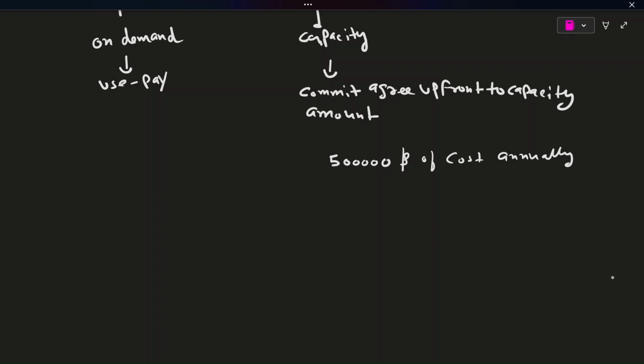So what will Snowflake do for this? Snowflake is going to give you a lot of discount.